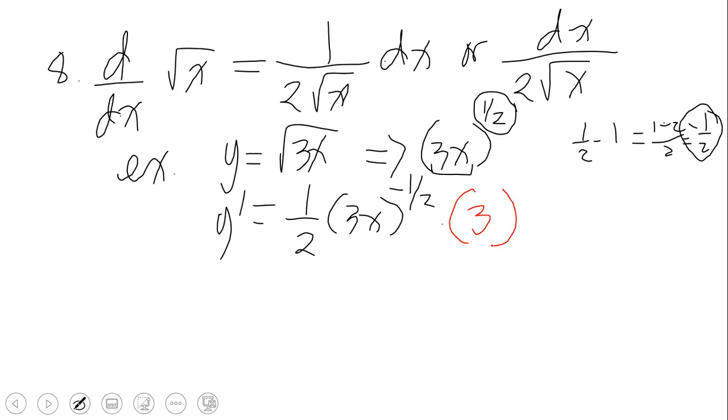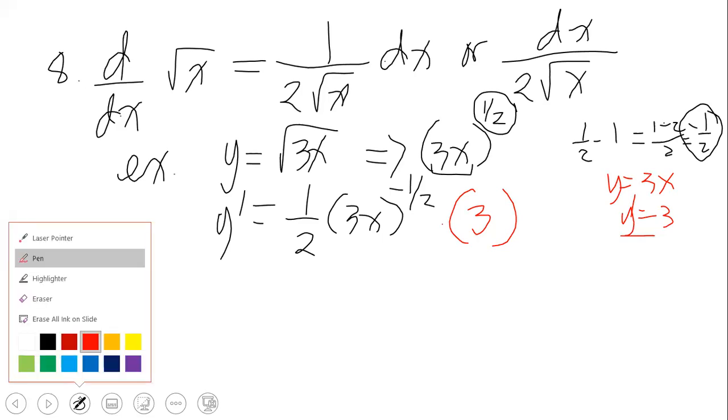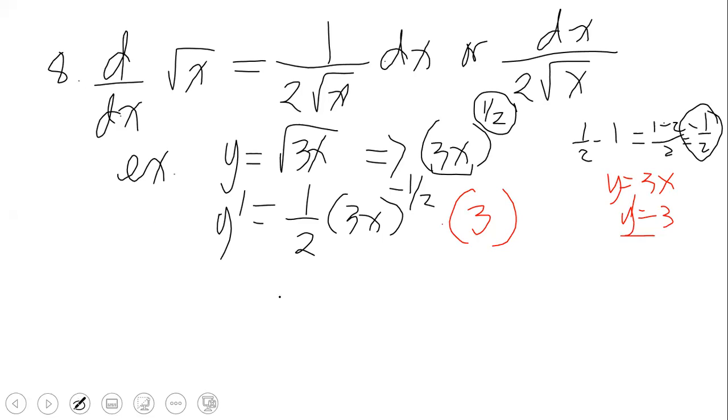So remember, the derivative of 3x, di ba ito yung function natin? The derivative of 3x, sulat lang natin sa gilid. Ang derivative ng 3x is equal to 3. So ayan po yung y prime po natin. So therefore, arrange na lang po natin. So this will be y prime equal to 3 all over 2.